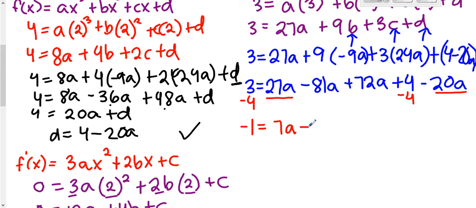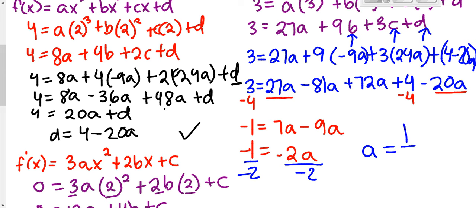So we have minus 9a. 7 minus 9a is a negative 2a equals negative 1. To get a by itself, divide by negative 2. So a is 1/2.